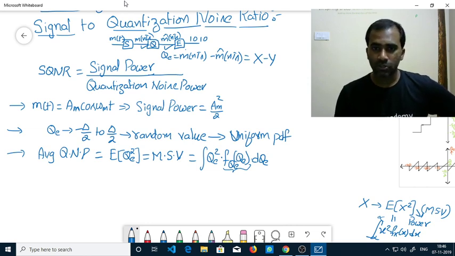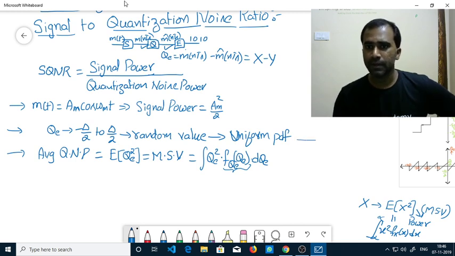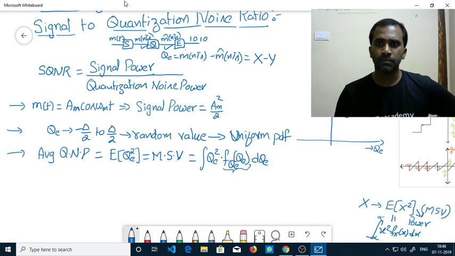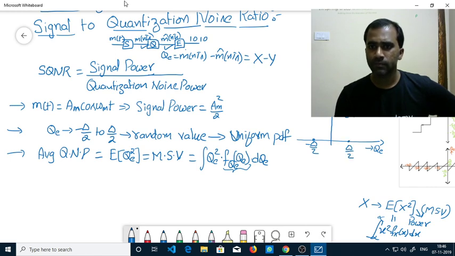Right, the average quantization noise formula we have written. Since we have assumed a uniform PDF, let me draw the PDF of quantization error as a function of QE. I am plotting f_QE(QE). We know it takes values from minus delta by 2 to plus delta by 2.